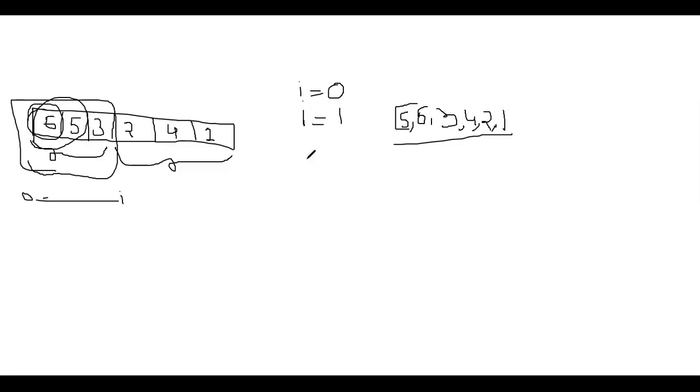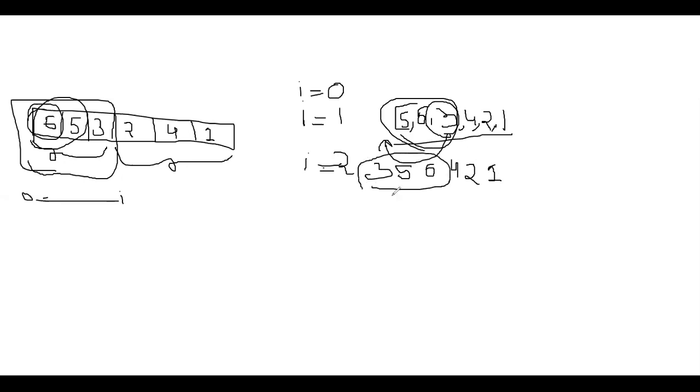Now what we do is we make I is equal to 2. So is this subarray sorted in itself? No. 5, 6, 3 is not sorted. 3 has to be put before 5. So we'll make this 3, 5, 6, 4, 2, 1. Now this subarray is sorted from 0 to I, which is 2. 0, 1, 2.